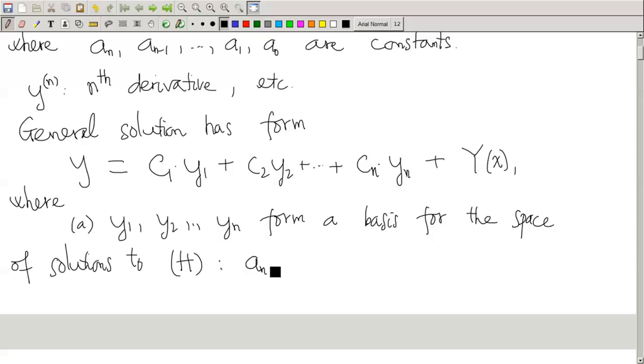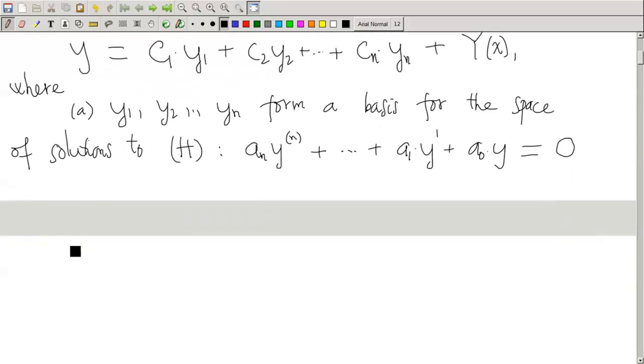a sub n times the nth derivative, etc. up to a1 times the first derivative, plus a0 times y equals 0. This is the corresponding homogeneous equation. We need to find y1, y2 up to yn.